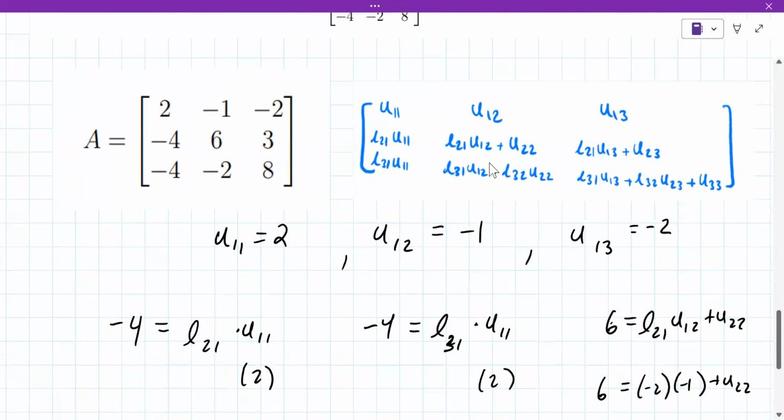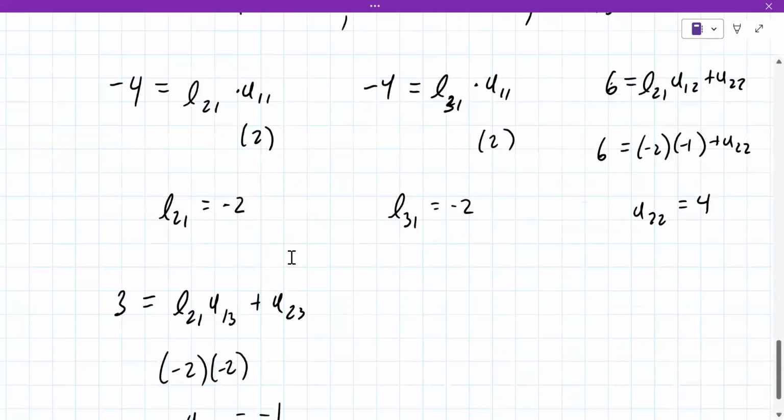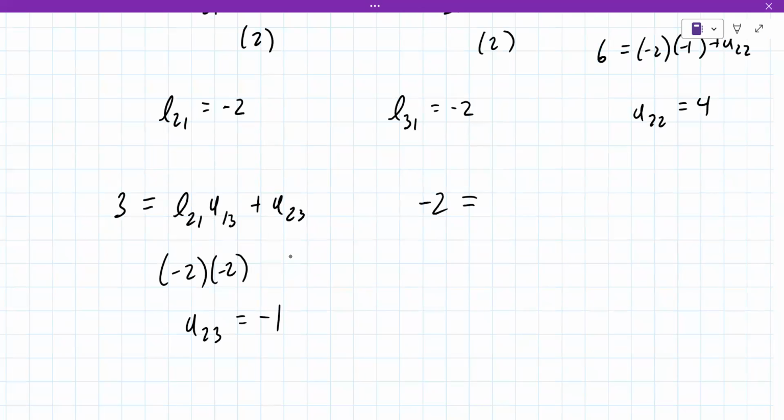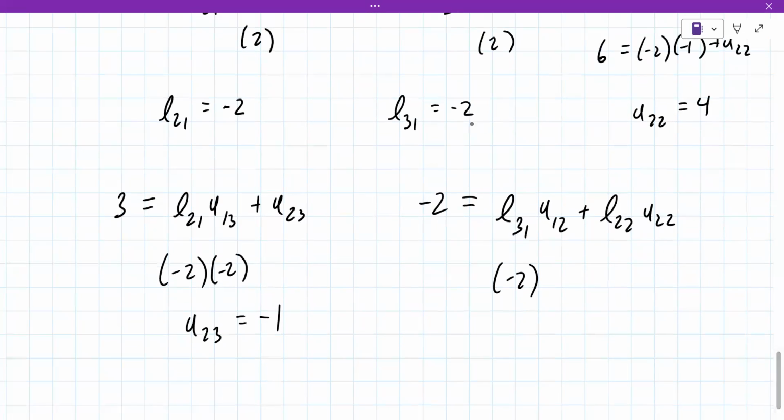All right, and again, this is in your notes, we're now going to go to this one right here, and that equals the -2. So we'll work that out here. -2 equals L31 U12 plus L22 U22. L31 is -2, U12 is -1.